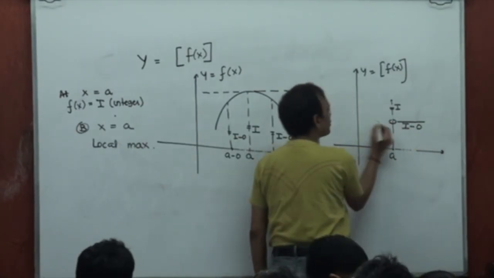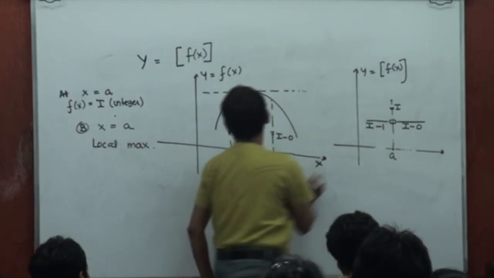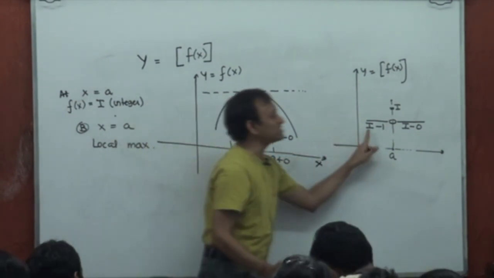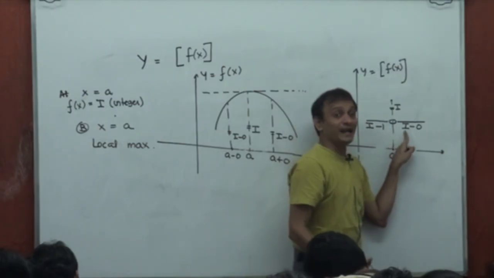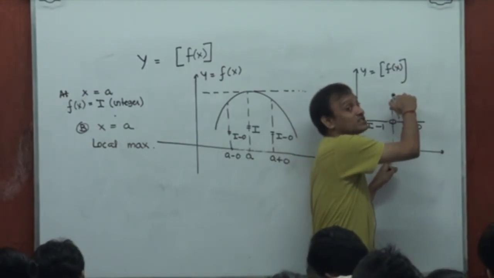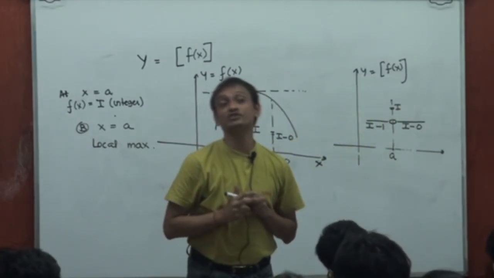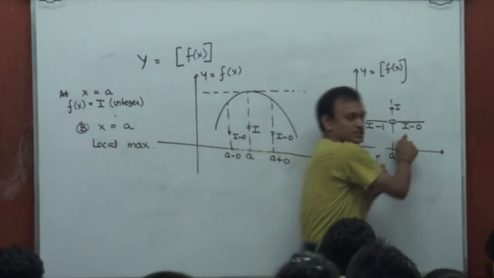To the immediate left of x equal to a, fx again is slightly less than I, so box of fx would be identically equal to I minus 1. So left hand limit at x equal to a is I minus 1. Right hand limit at x equal to a is I minus 1. The value of the function at x equal to a is I. Is it continuous at x equal to a? No. Nature of discontinuity? Removable discontinuity, because the left hand and the right hand limits are equal.